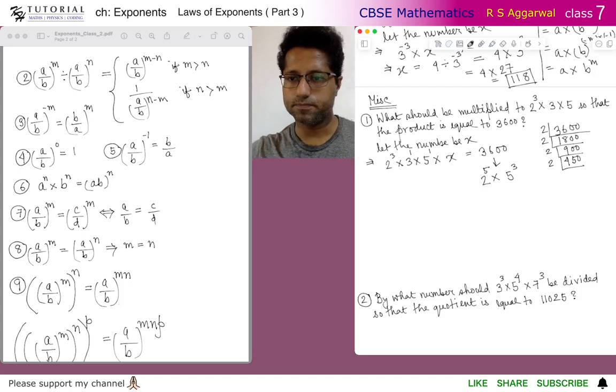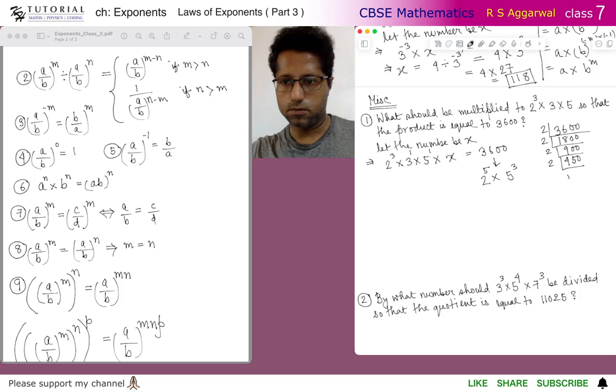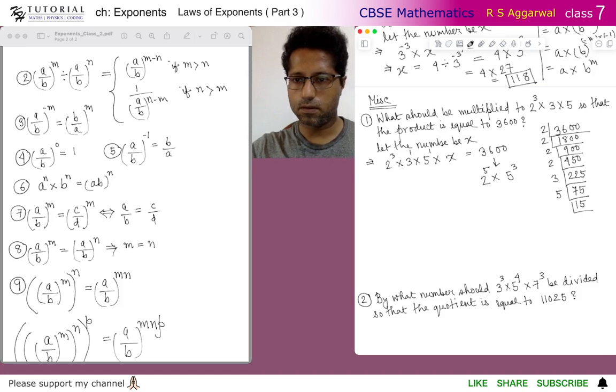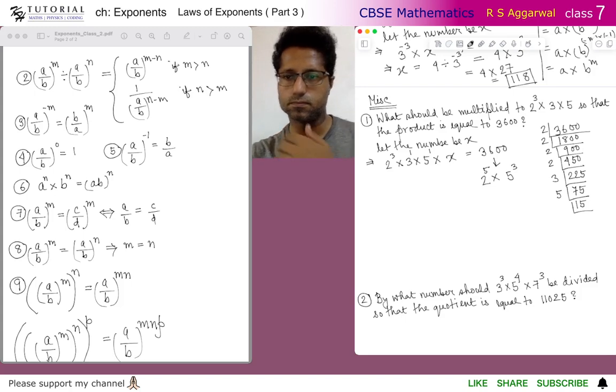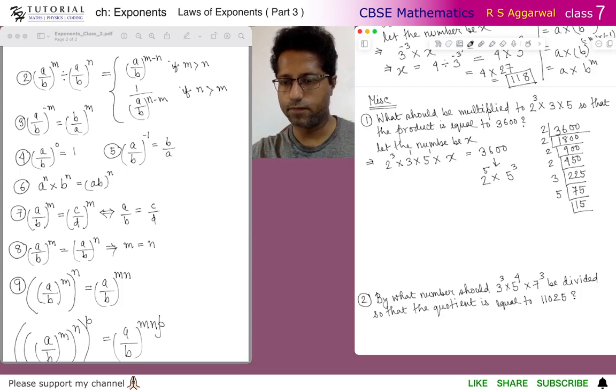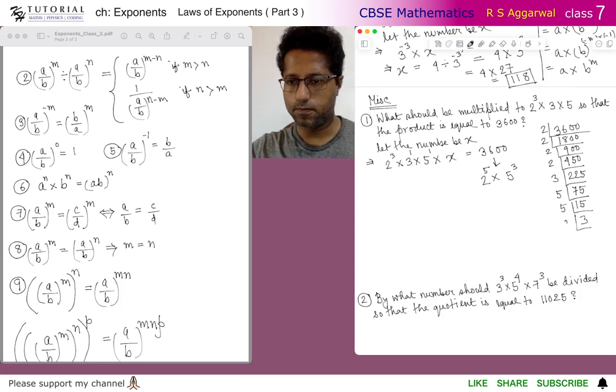Now this will be 225. Now I can divide it by 3, this is 75, and now I can divide it by 5, this is 15, then 5 gives 3, and 3 gives 1.